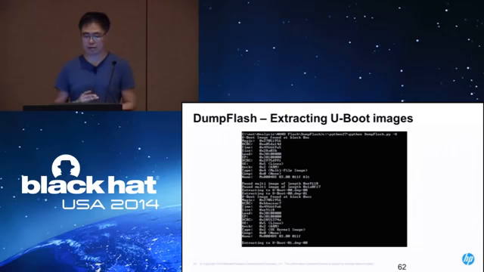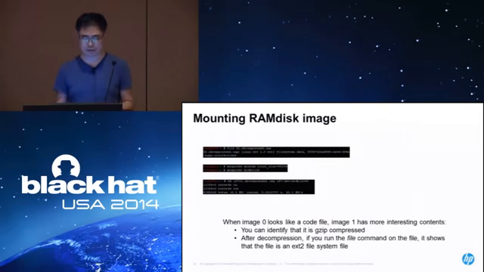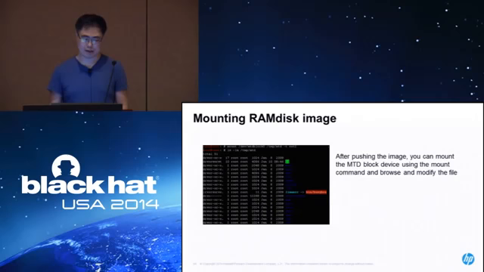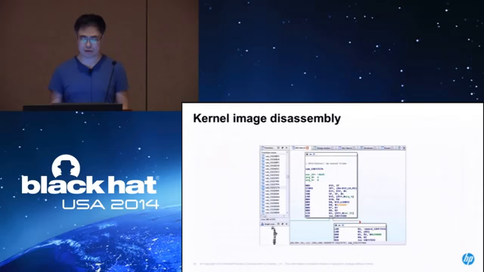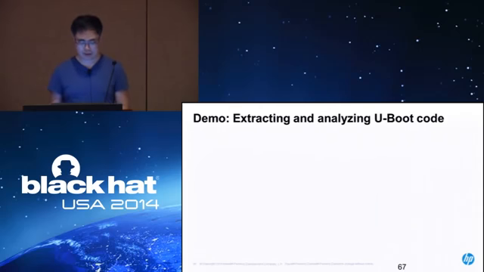It will dump out the inside U-Boot images, and it will save each image to files. So one of the images was a RAM disk, and you can just mount it from the Linux machine. And this one is actually the Linux kernel. And kernel images, you can load from IDA.